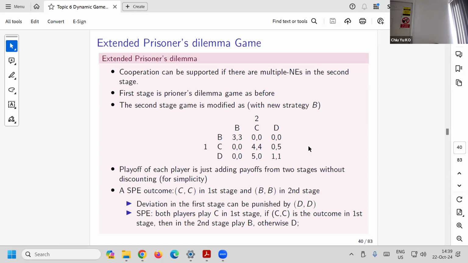Say, for example, why are you here still studying? Why don't you go to your room and watch TikTok, or watch Little Red Book? Why are you here? Because if you deviate, then you get punishment.